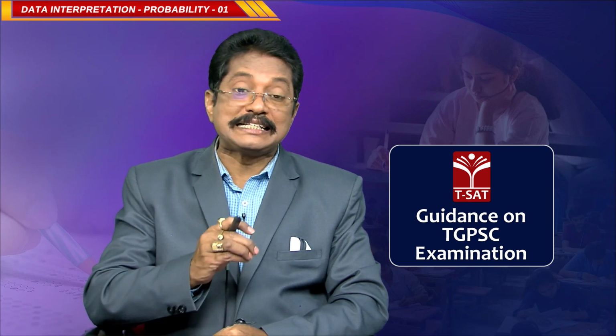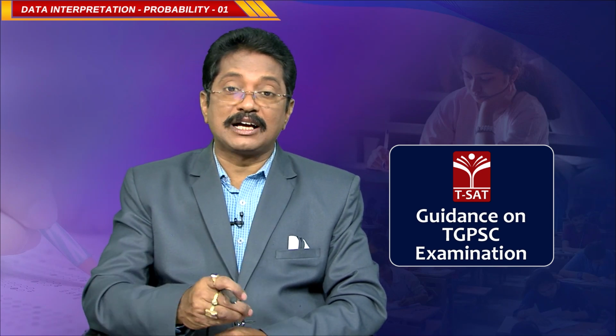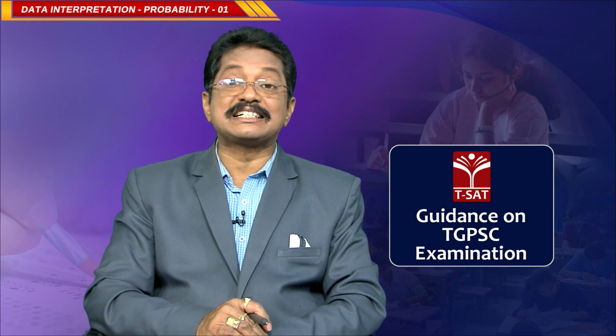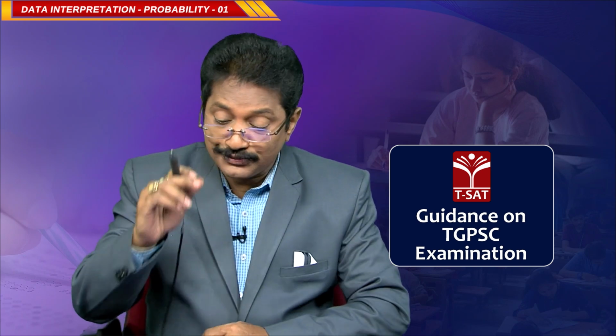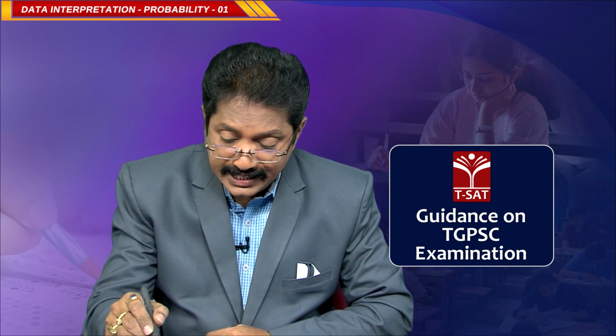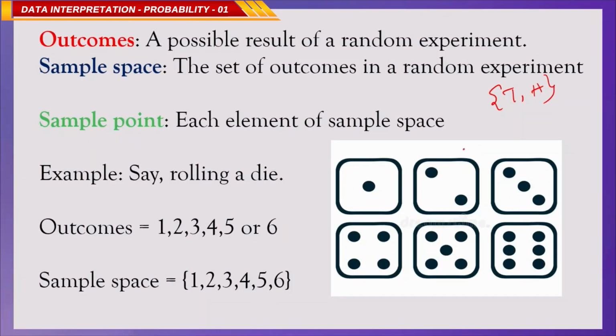Now sample space. The set of outcomes in a random experiment is called the sample space. For a coin, tail and head is the sample space. For a dice, 1, 2, 3, 4, 5, 6 is the sample space. Now, sample point. Each element of the sample space is called a sample point.